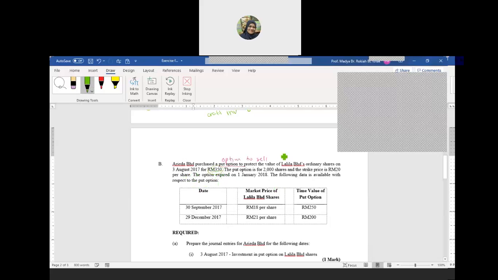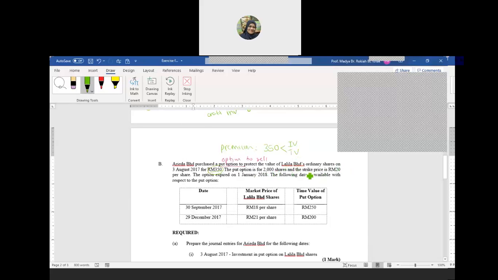That 350 here is your premium. The premium that you bought here is at the price of 350. For this price we have two elements, which are intrinsic value and time value. The put option is for 2000 shares and the strike price here is 20 ringgit.